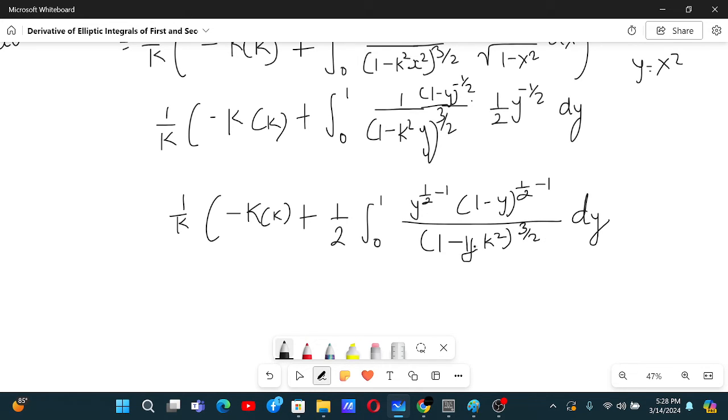Okay, now this is in terms of the integral of the hypergeometric function. You might recall that.